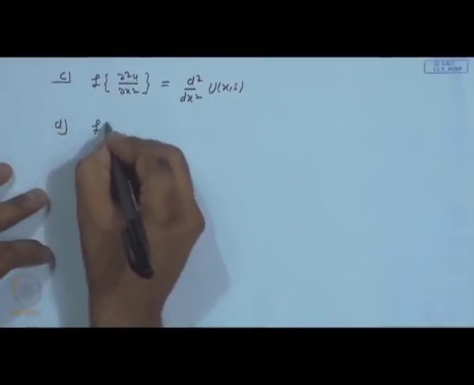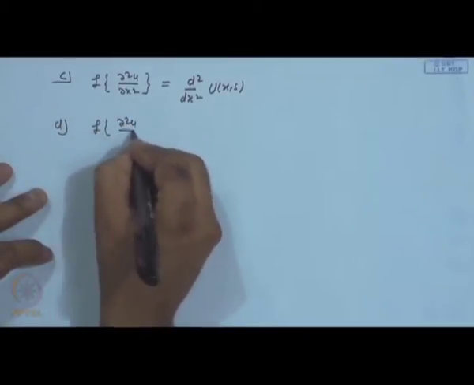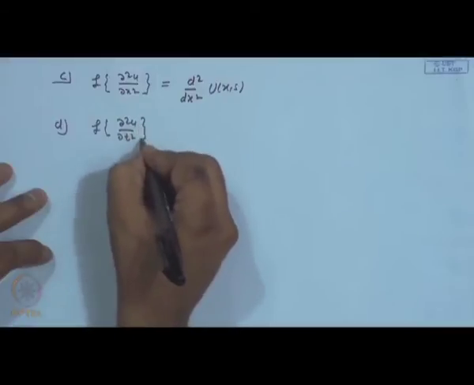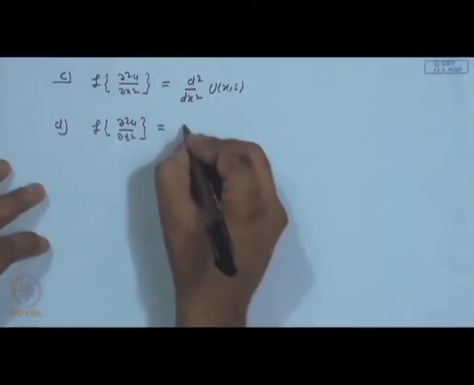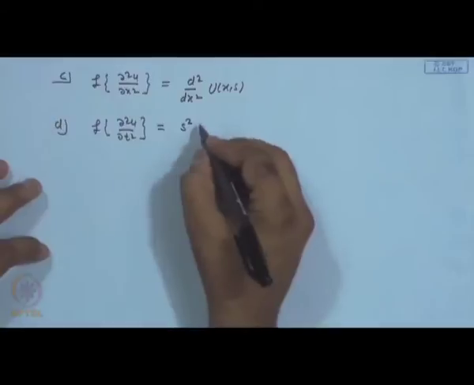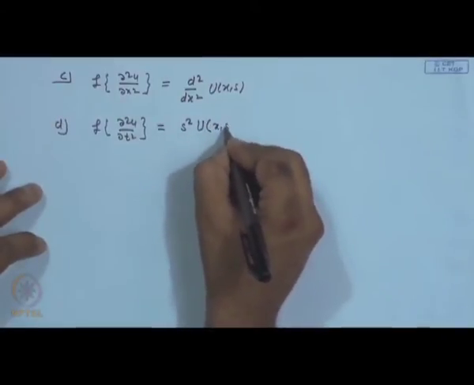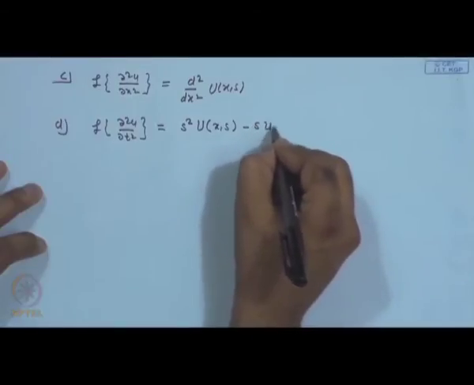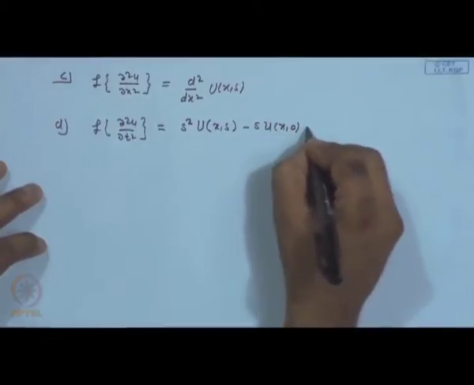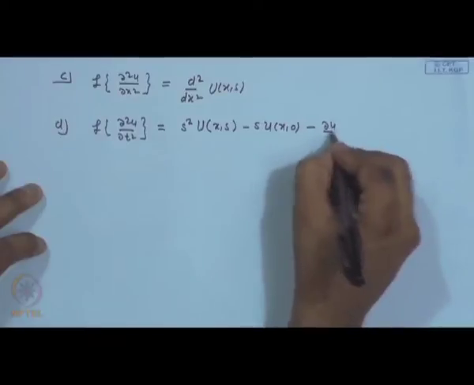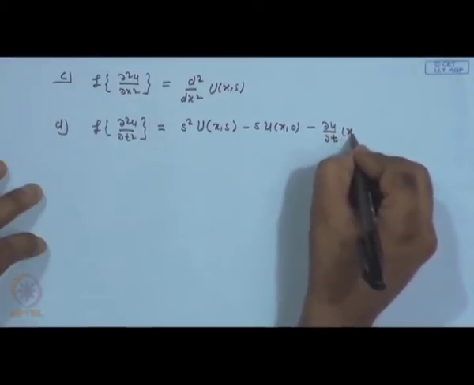The next is the Laplace of del 2 u over del t squared, and now here we have t. So, we need to use the derivative theorem, and similar to the one-dimensional case or the ordinary differential equations case, we have s squared u(x,s) minus s u(x,0), minus the derivative of u with respect to t at (x,0).